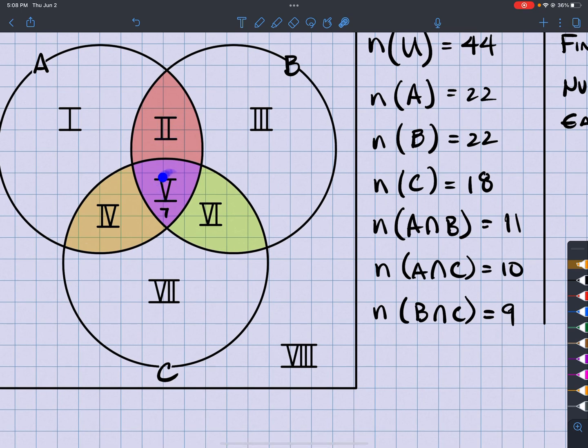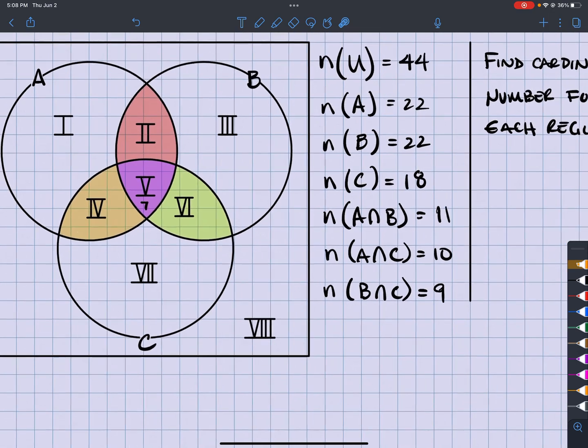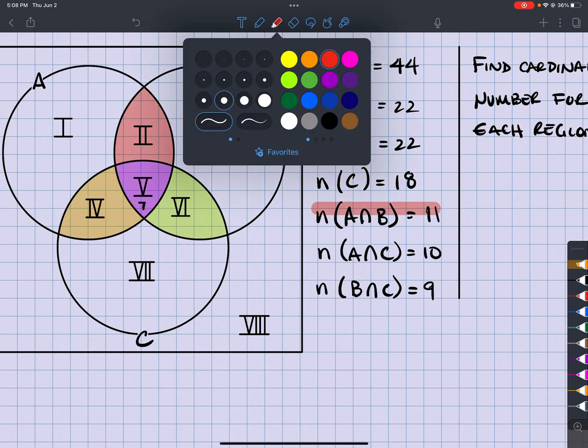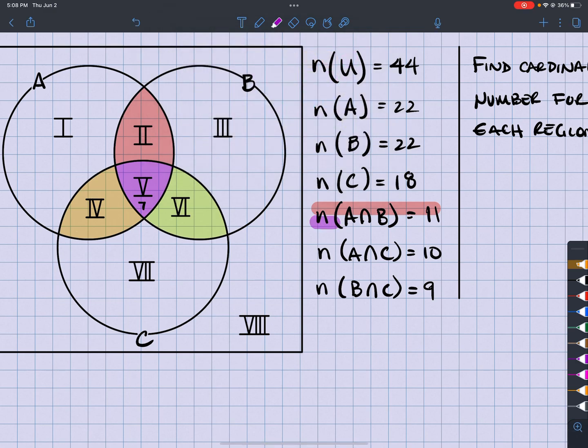So if you look at 2, 2 and 5 together is the intersect of A and B. So here's A and here's B, and that's where this intersects, right? Of A and B. So I'm just painting in the 2 colors that you're going to see side by side.